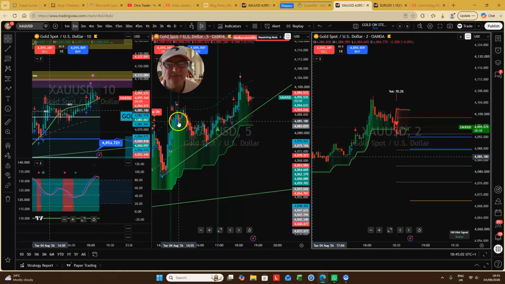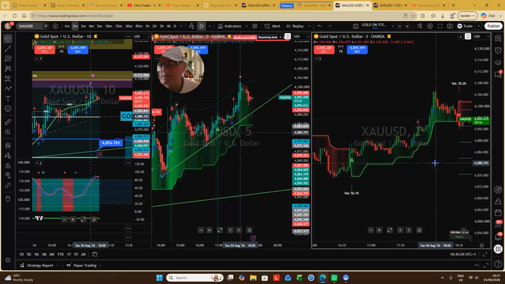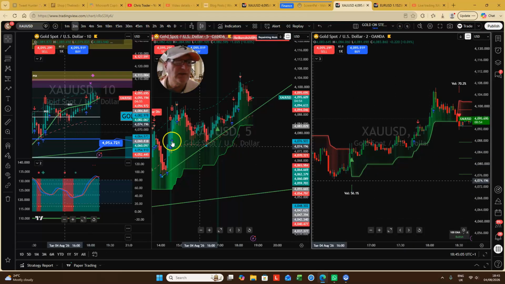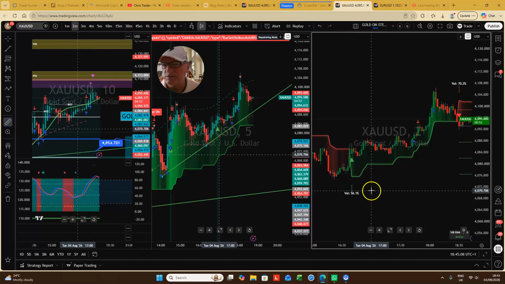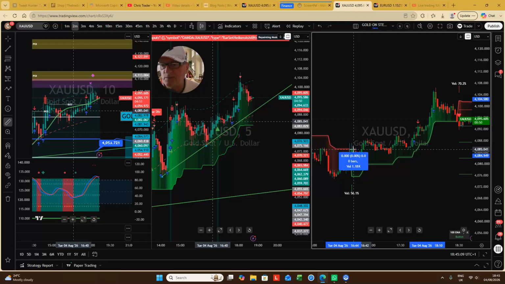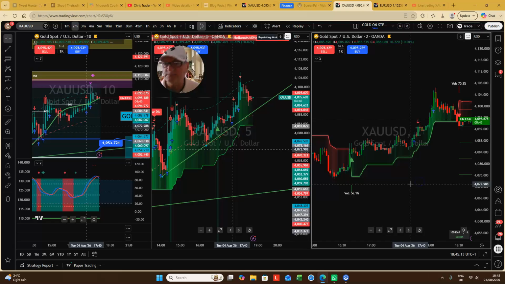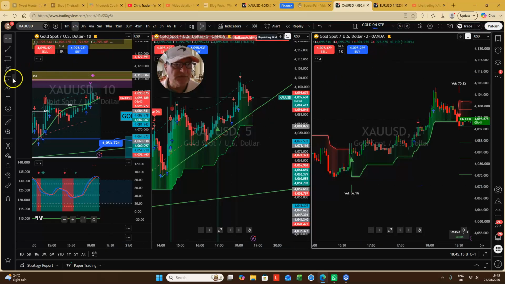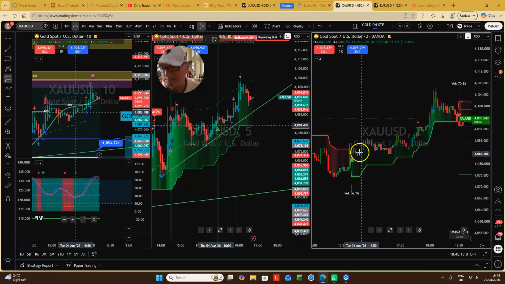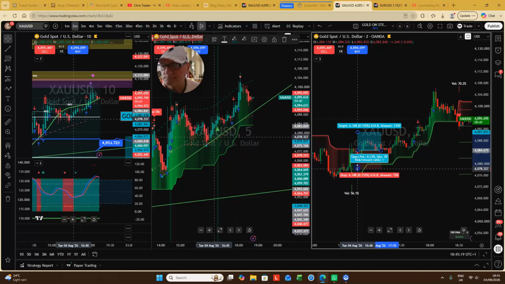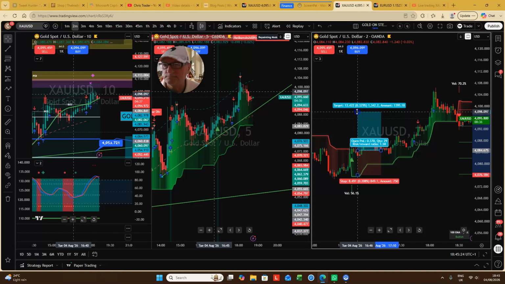So 10, 5, 2. So if we have a look at this entry here, your stop is below the support area and the price goes up 203 pips. So it looks something like this. Two times, 177.